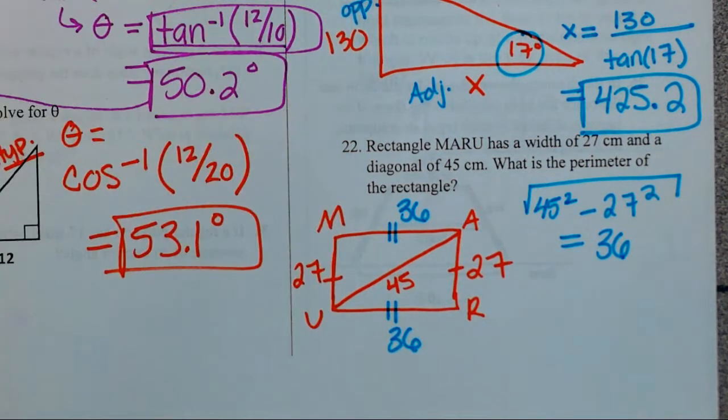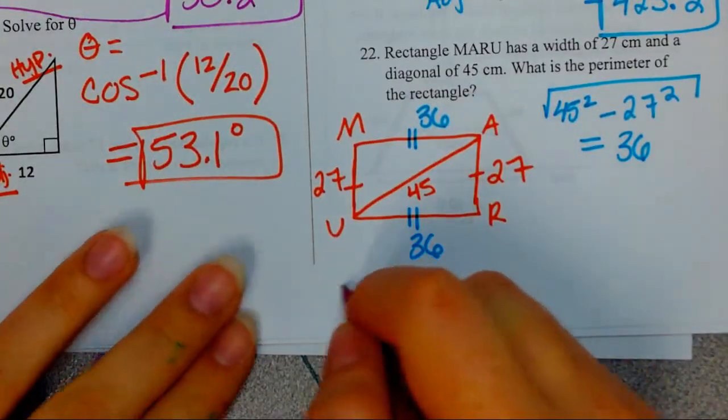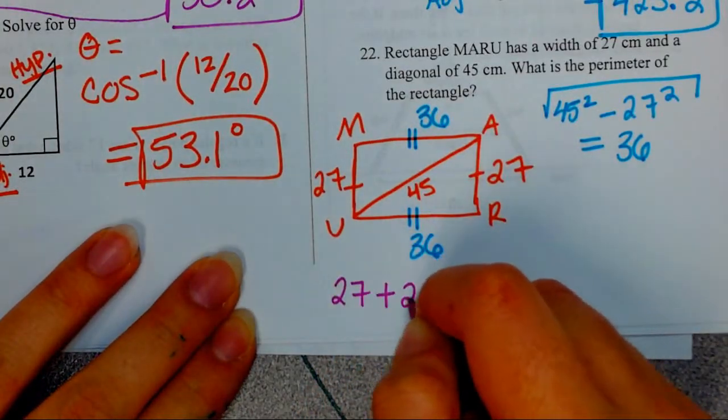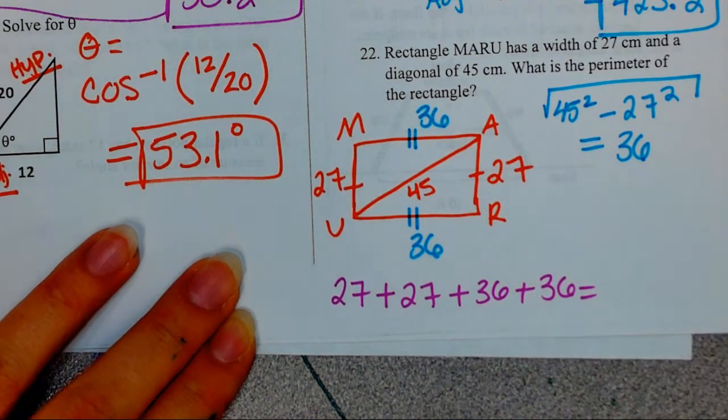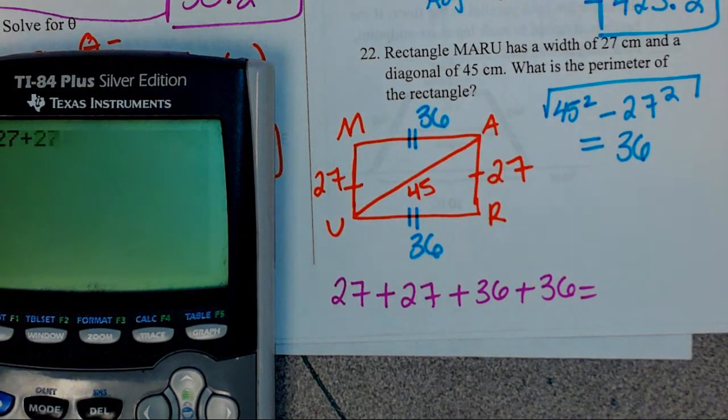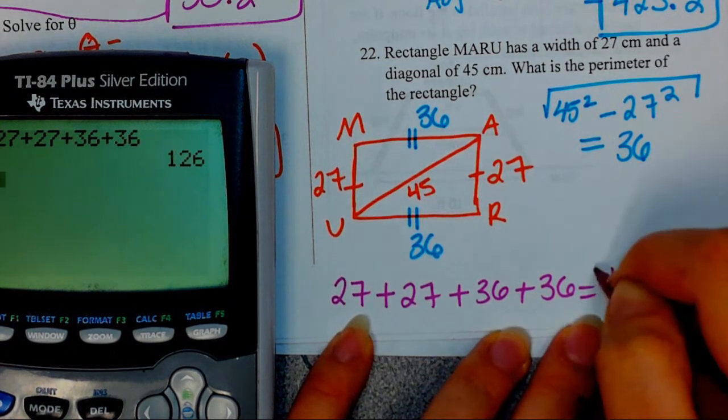All right, the last part is easy. So now that we have all of our missing pieces, we just need to add them up. 27 plus 27 plus 36 plus 36 is 126.